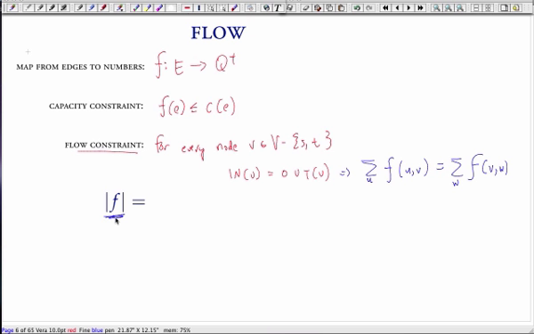And overall, we're going to measure the value of this flow as what? Essentially, we're going to measure it at the source, and we're going to find that this is going to be the same as at the sink because of this flow constraint. But essentially, we take all the stuff that's coming out of the source and subtract all the stuff that's coming into the source, and that's going to be the value of our flow.